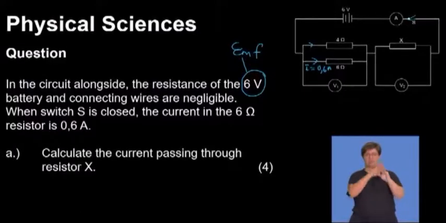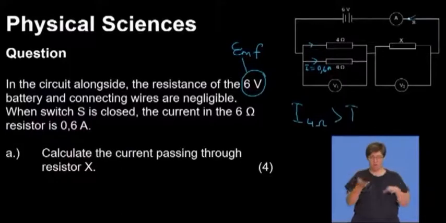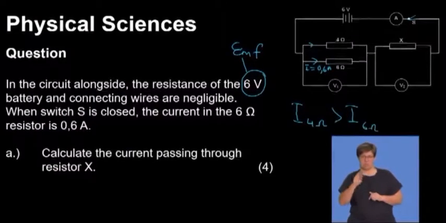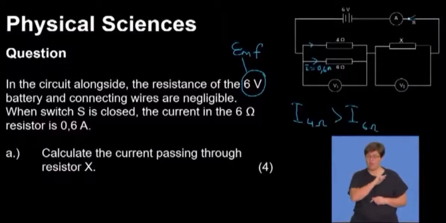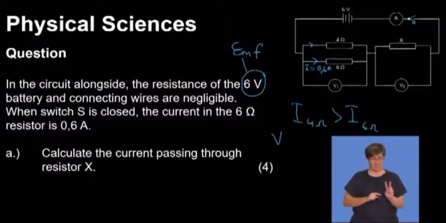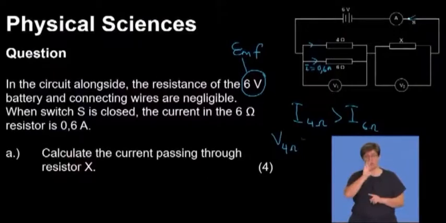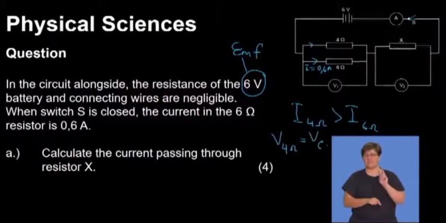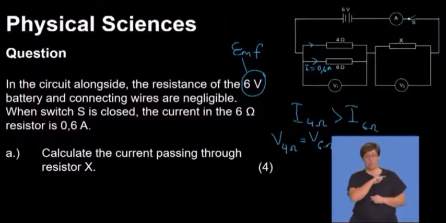In other words, current for 4 ohms is greater than the current for 6 ohms. Why is this true? Because V across 4 ohms is equal to V across 6 ohms, since the two resistors are connected in parallel. The only thing that differs is the current, because this parallel combination of resistors is a current divider.